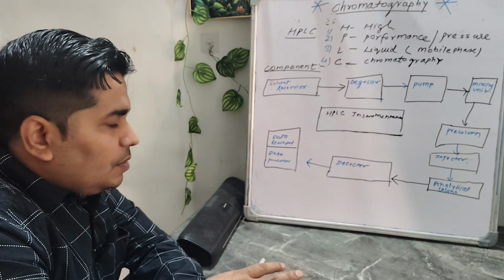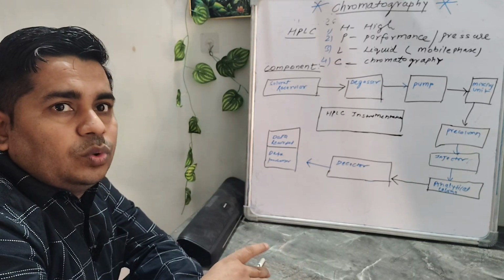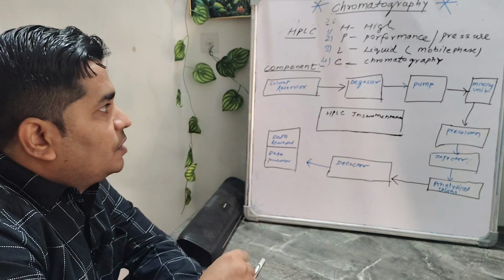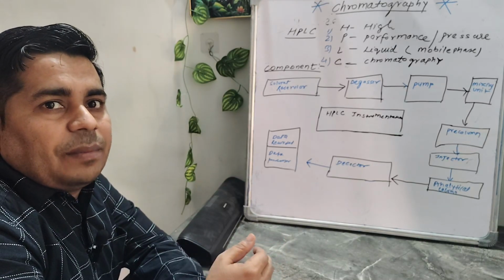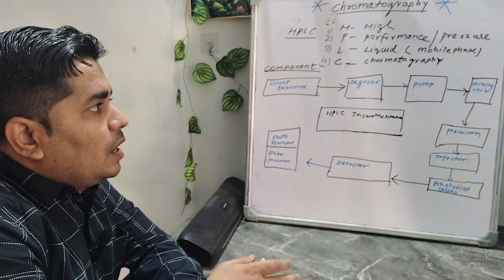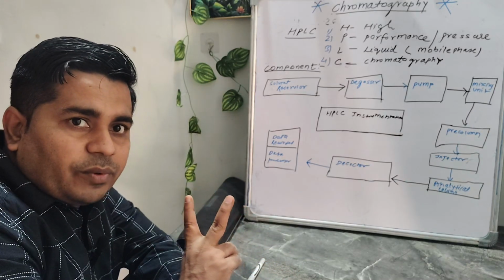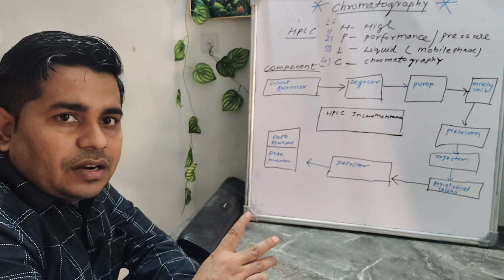Okay, now the pump is a medium to deliver the solvent from the reservoir into the chromatographic system for interaction of the stationary phase and mobile phase with each other.